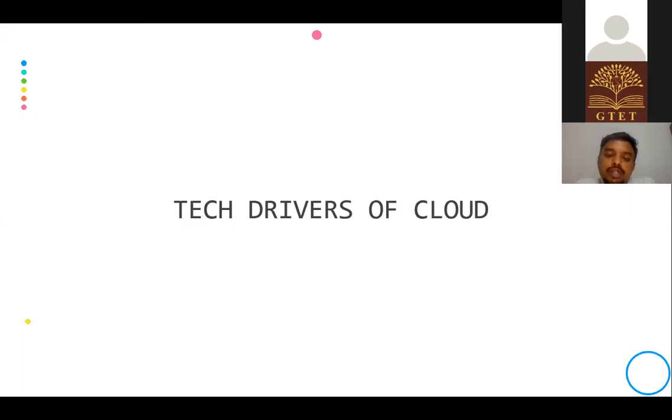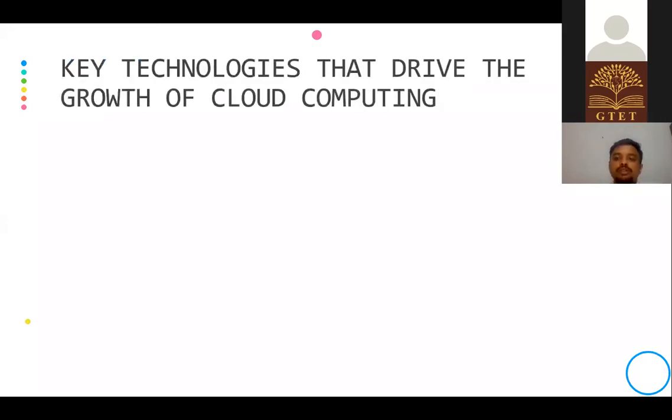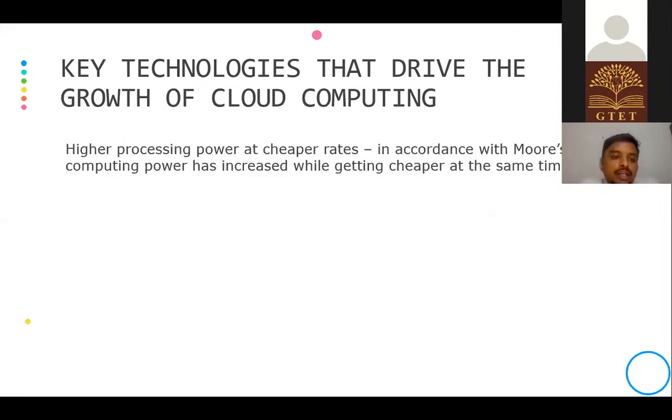Now, what are some of the key technological innovations or enhancements that have driven the adoption of cloud, and are driving the advancements in cloud? Some of the key technologies that drive the growth of cloud computing are as below. Higher processing power at cheaper rates. Gordon Moore, the co-founder of Intel, stated the following about microprocessors. It's called Moore's law.